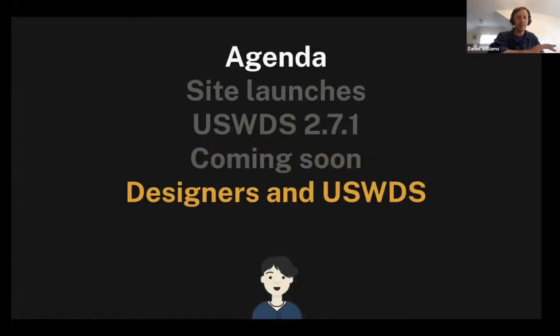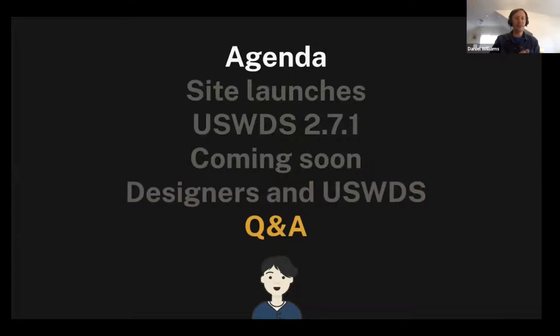And then we'll get to the heart of today's presentation with some of my GSA colleagues from 18F who will talk about how they've used the design system, and specifically about how designers and the design system can work together. And we should have a bit of time for Q&A afterwards as well. So think of any questions as we go along, add them to the chat, and we'll do our best to answer them at the end of the hour.